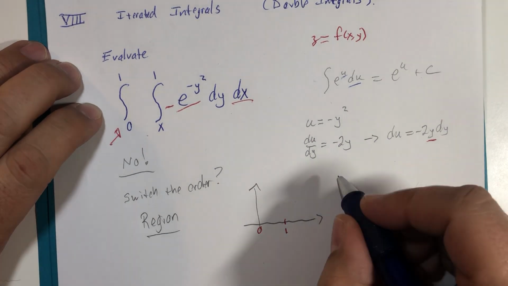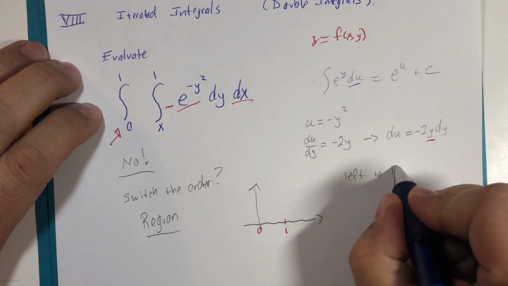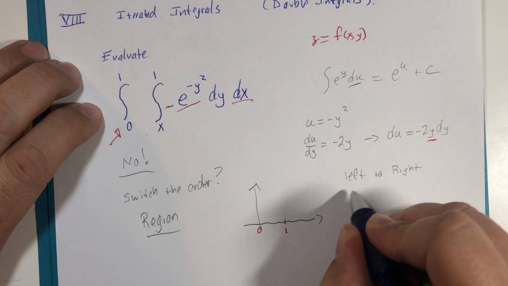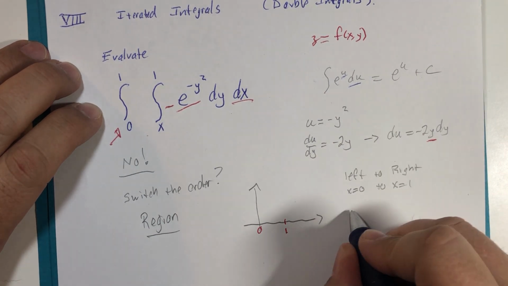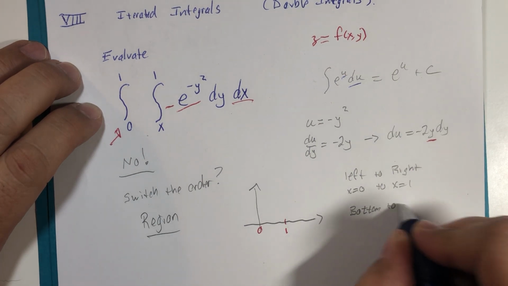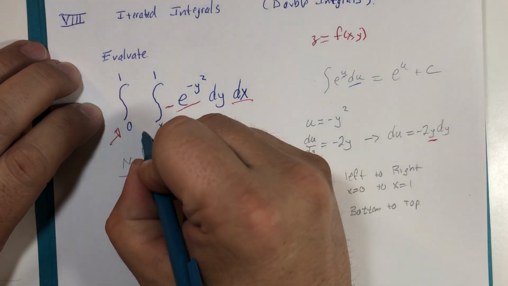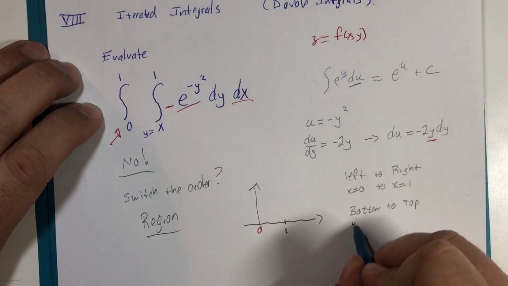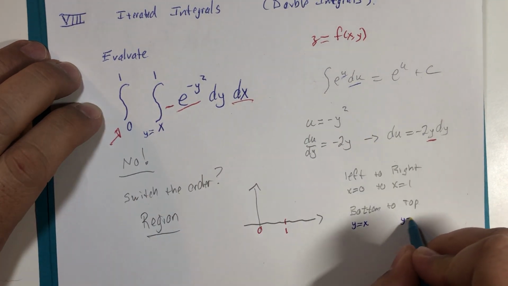Again, if you've been paying attention, I've been thinking of that as from left to right. x goes from 0 to 1. And then if we think of it from bottom to top, according to this, y equals x is the bottom, and y equals 1 is the top.